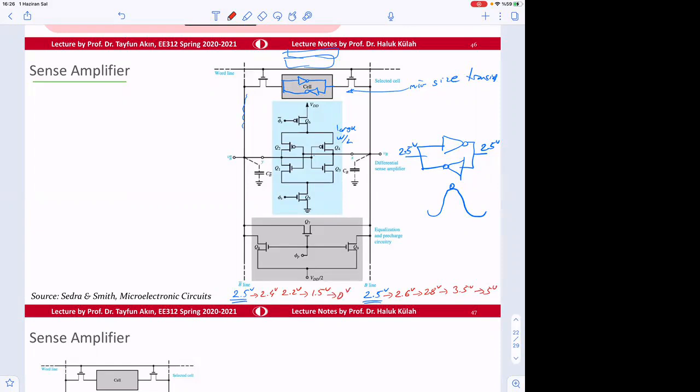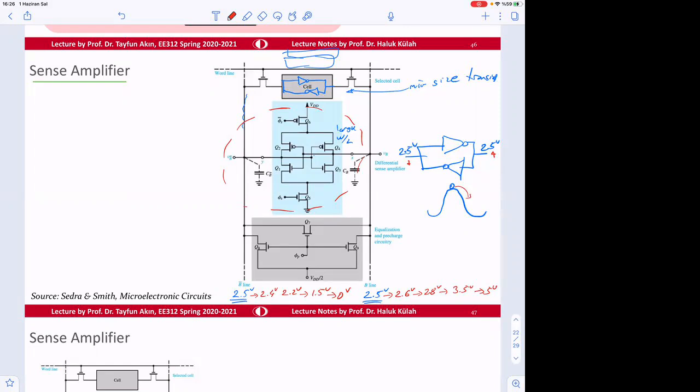So the sense amplifier notices the trend: is this going up and this going down? Then it puts the ball here.